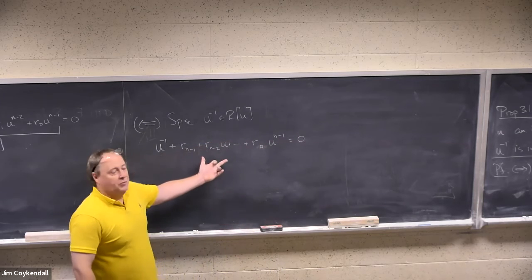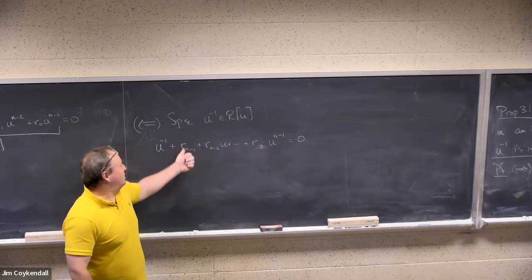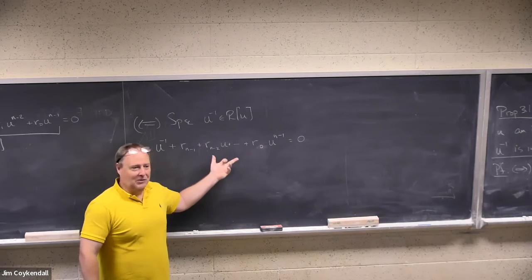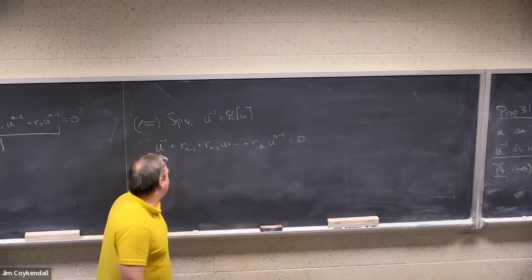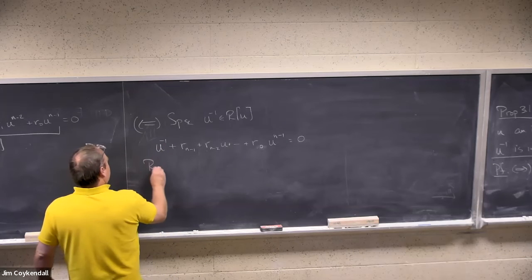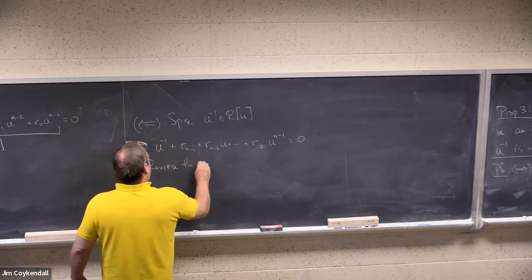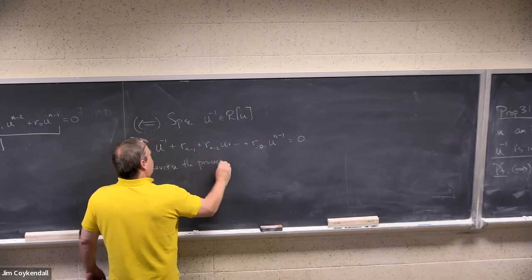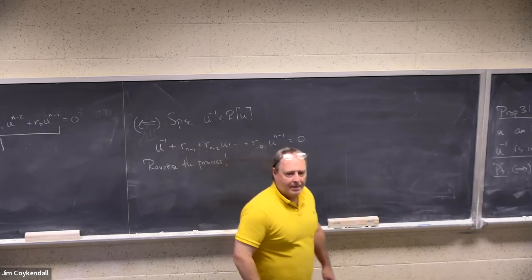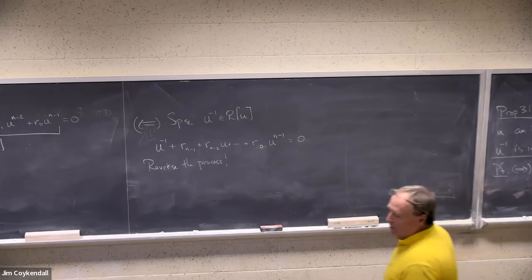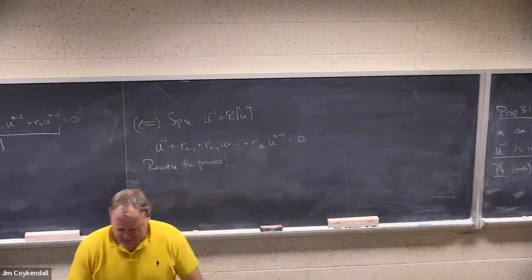If I use my notation effectively, this is what U inverse in R[U] means, if I choose my indices so that it looks like this. Everybody okay with that? Now just reverse the process. And there you go. The proof of this is not too bad, but this will be useful to us.